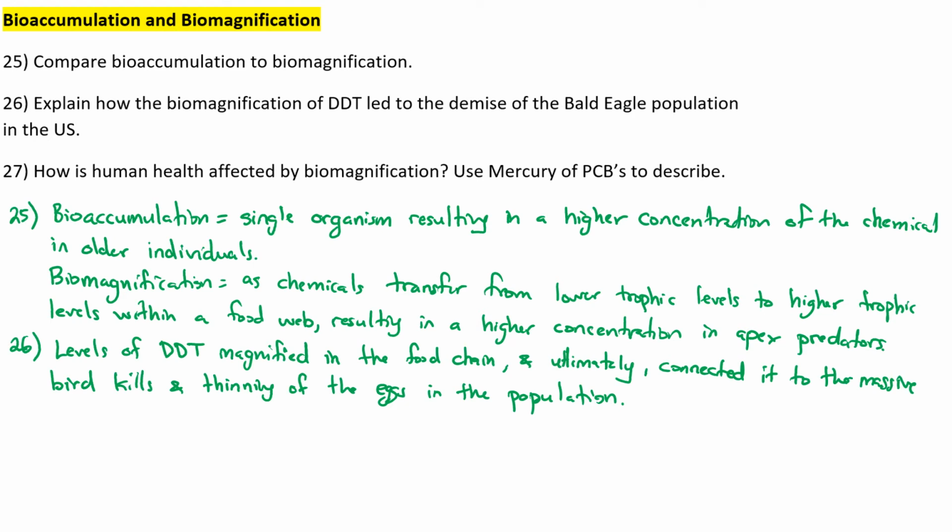Number 27. How is human health affected by biomagnification? Use mercury or PCBs to describe.